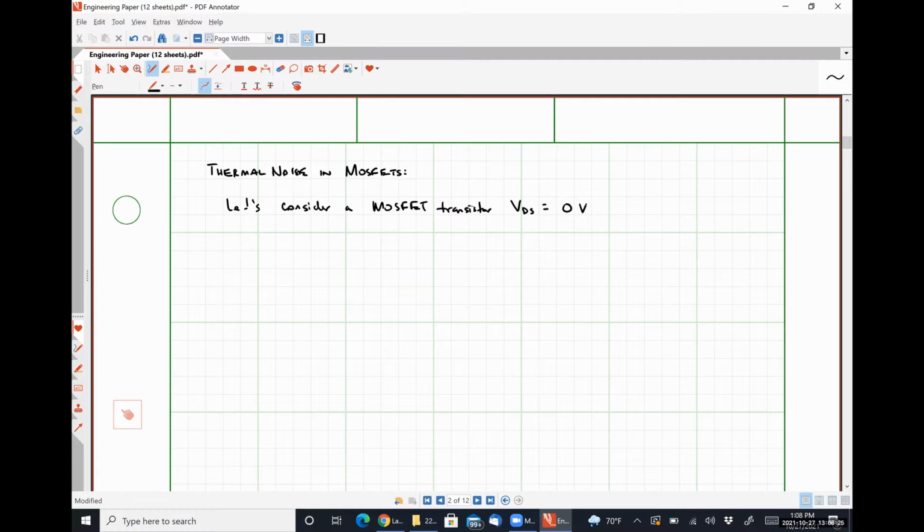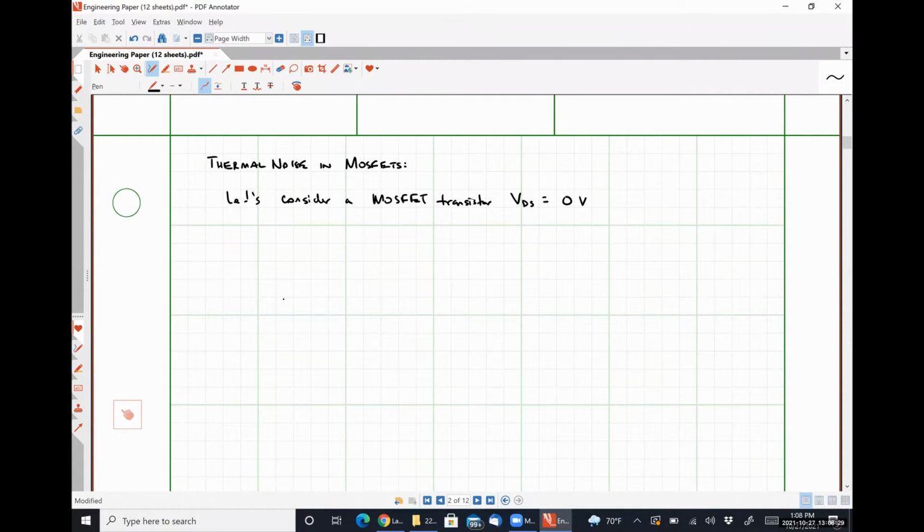So at VDS equal to 0 volts, we had a transistor, something like this. Let's see if this is going to be an NMOS. So this is N plus. This is N plus. We have a thin gate oxide.